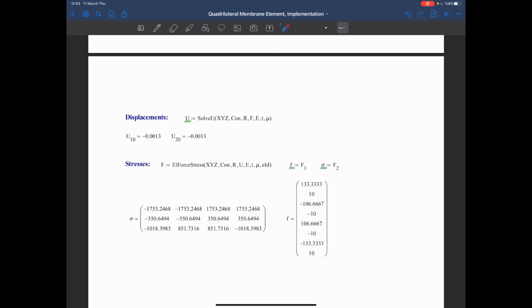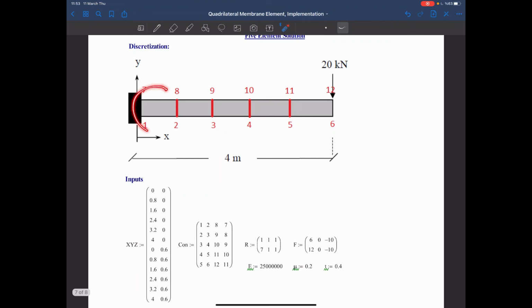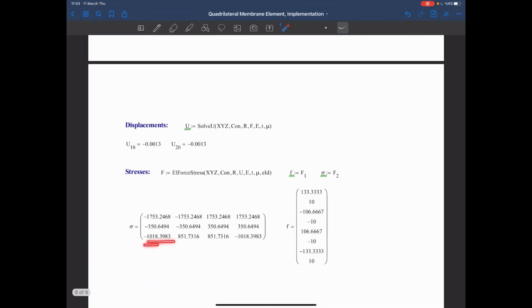I'm looking at the first element here, so these results belong to that element. So there's a problem in the stresses, and even if I use 5 elements, I'm still far away from the solution. So basically we can say that there's a problem with this element.